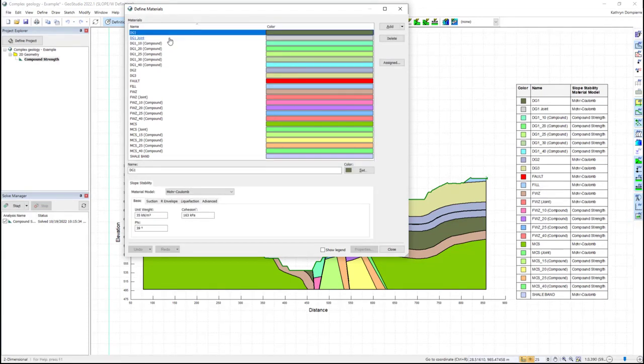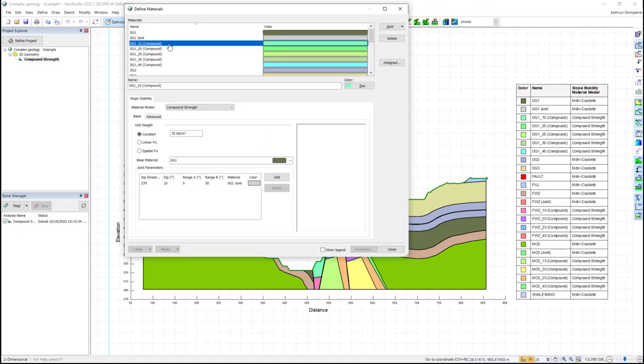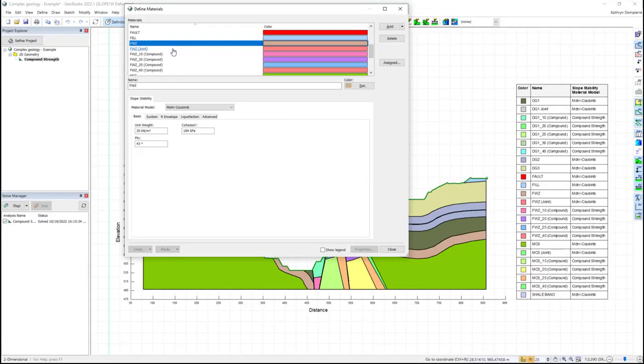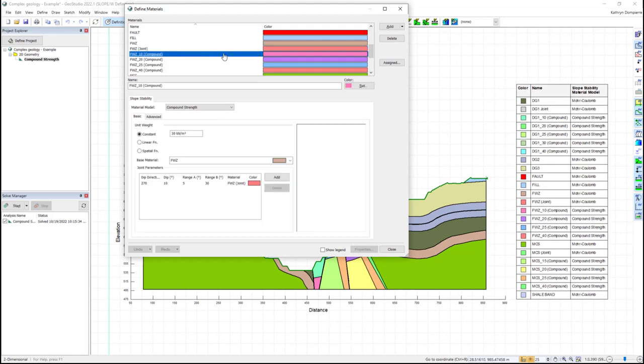For instance, the DG1 and DG1 joint materials are respectively used as the base and joints for the various DG1 compound materials. Each compound material includes the same base and joint materials, but with varying joint dips based on the field measurements. The same approach is used for the two other sets of compound materials, labeled FWZ and MCS.